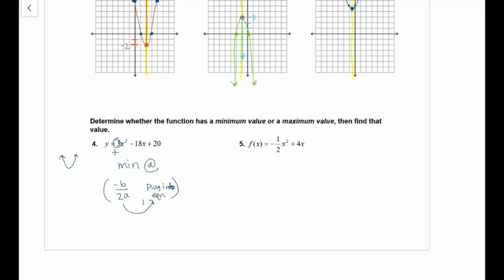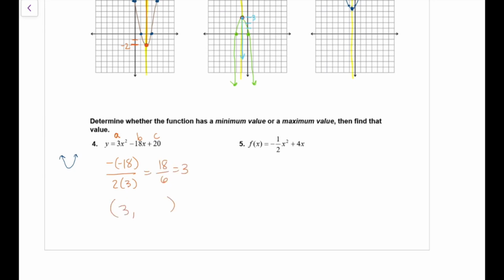So we're going to write down our a, b, and c. Our a is going to be 3, our b is negative 18, and our c is 20. So negative 18 goes on top, negative b over 2 times a, which is 3. So we have positive 18 over 6, which equals 3.